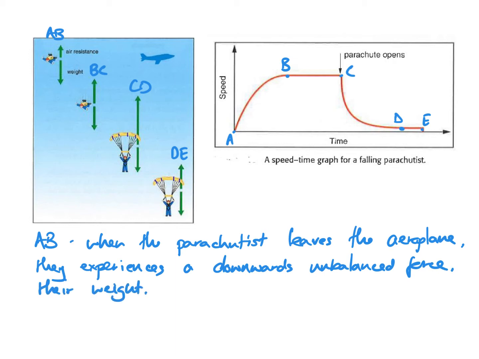Now, just at that instant as they've stepped out, and we're ignoring sideways motion here, then there won't actually be any air resistance just as you start to move, just like we dealt with in the rocket.